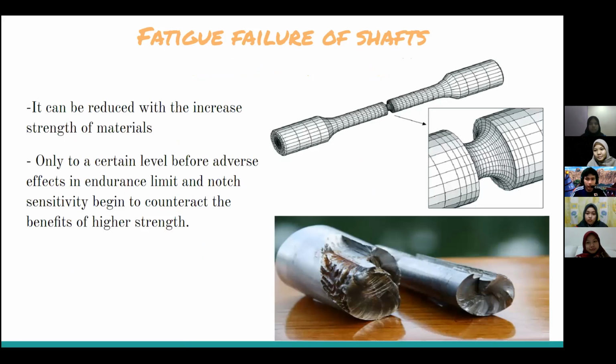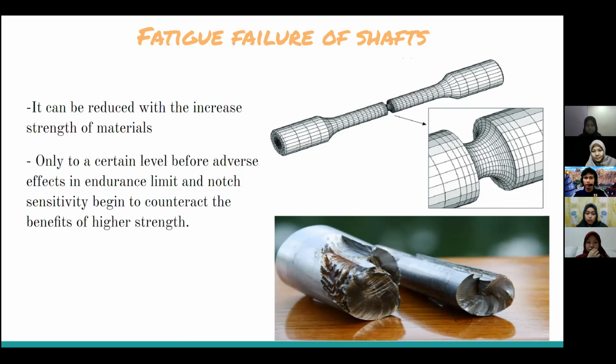So this is the fatigue failure of shaft. Sometimes a shaft can also have fatigue failure, and it can be reduced by increasing the strength of the materials. But at a certain level, fatigue failure at the notch limit will counteract the benefits of higher strength.